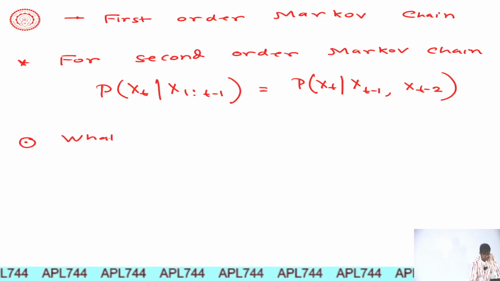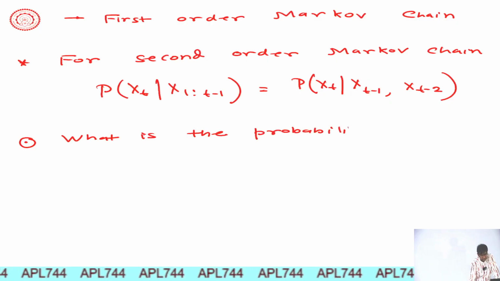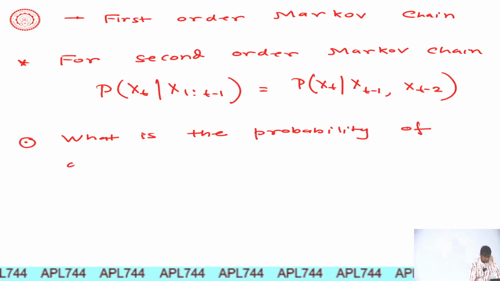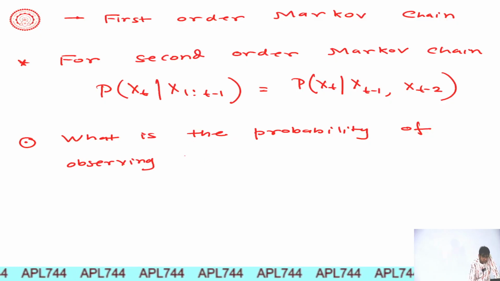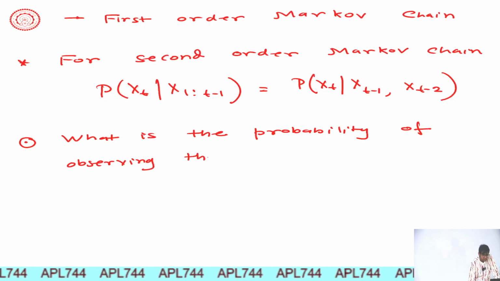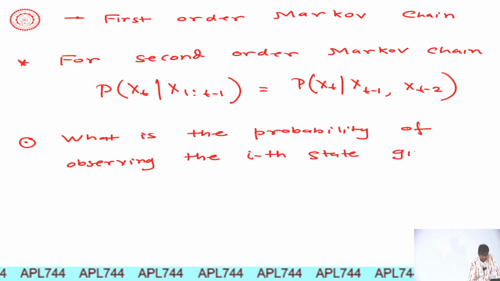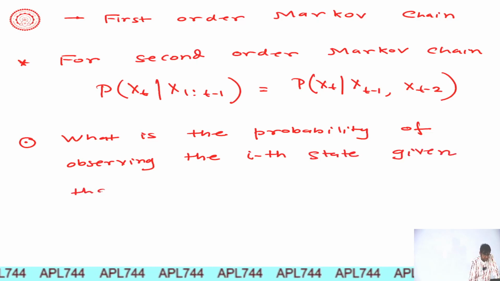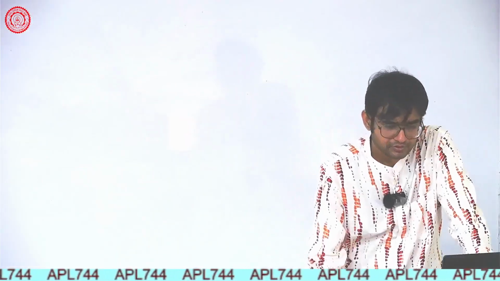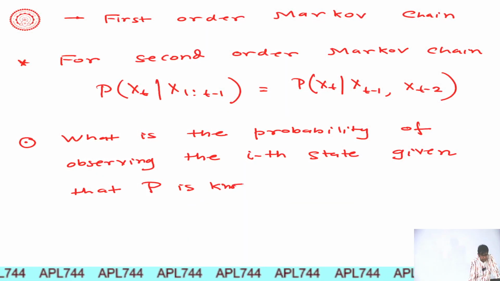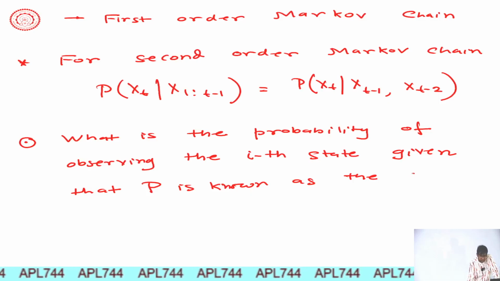What is the probability of observing the ith state, given that P, which is the transition matrix, is known, and the 0th state is known?